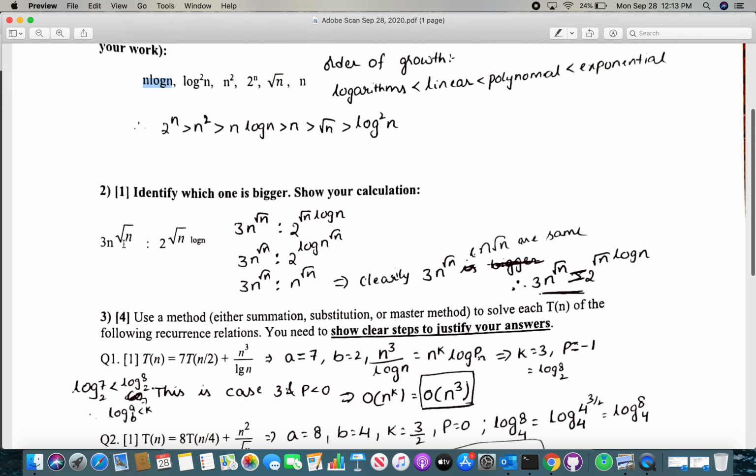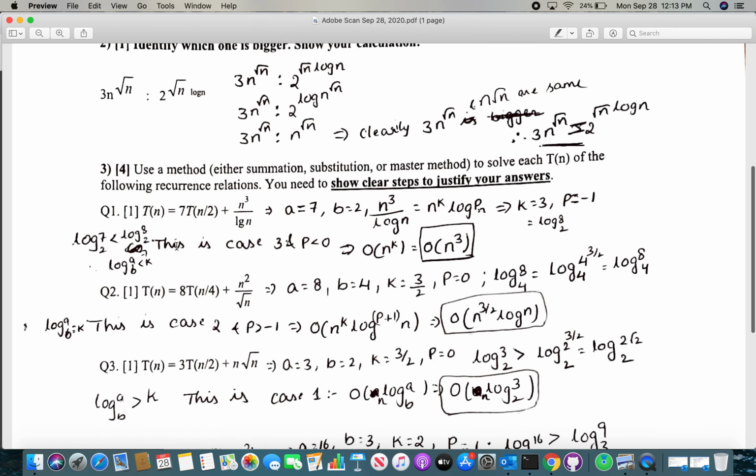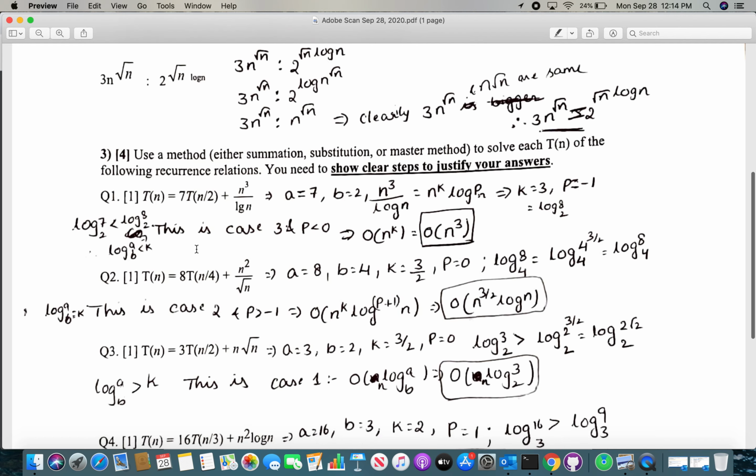That explains the second question. And the third question is: use a method, either summation, substitution or master method, to solve T of n of the following recurrence equation. Here we can see that all are dividing functions. For dividing functions, I am using the master method as it is simple to solve.